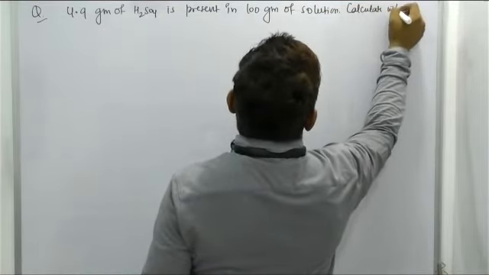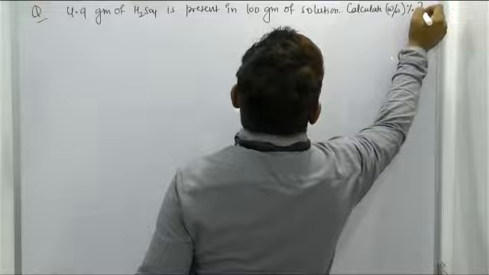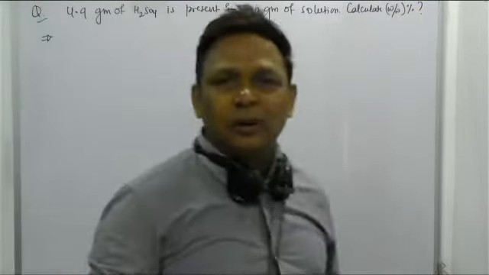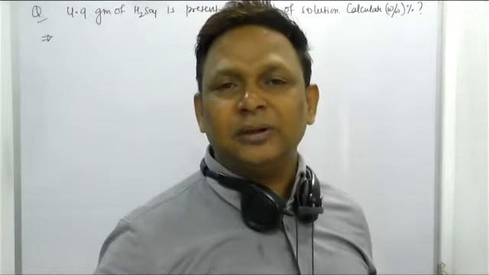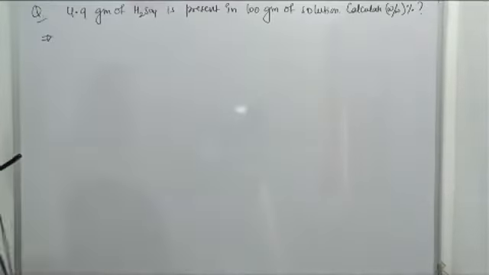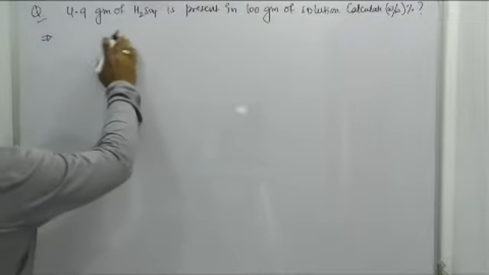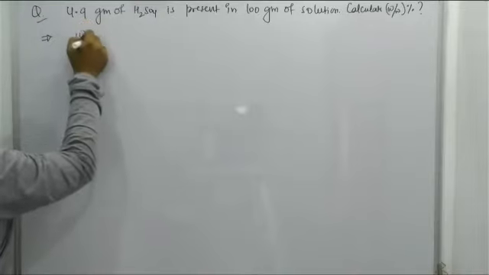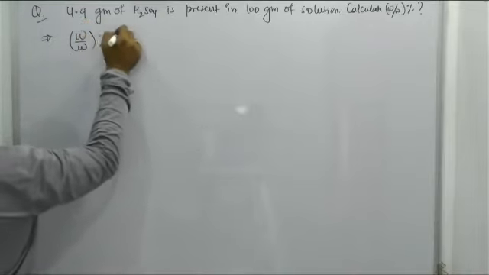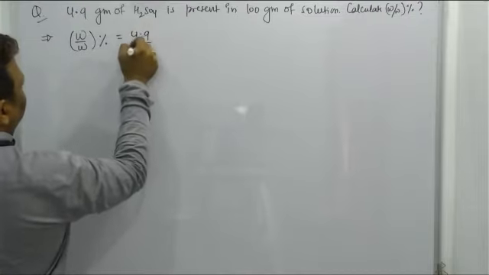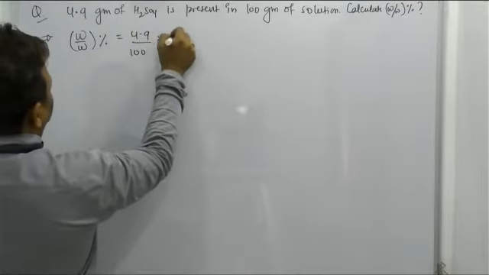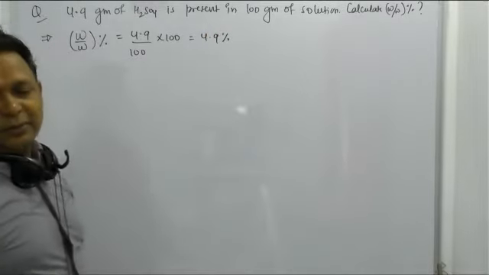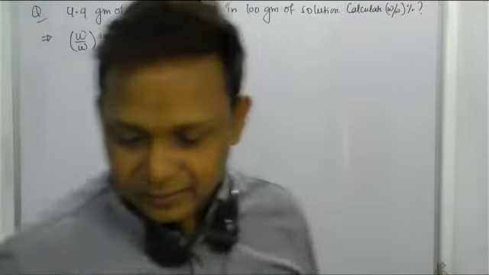Calculate W by W percentage. Please try it, beta. What W by W percentage will we get for this 4.9? So 4.9 gram of H2SO4 present in 100 gram of solution, we know the formula. W by W percentage is equal to weight of solute by weight of solution into 100. And if we do that, it becomes 4.9%. Is it clear?